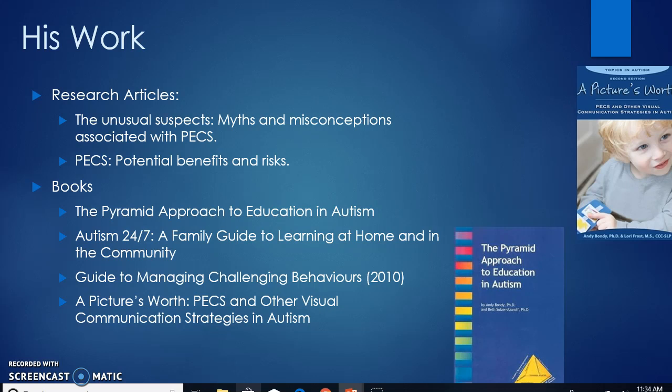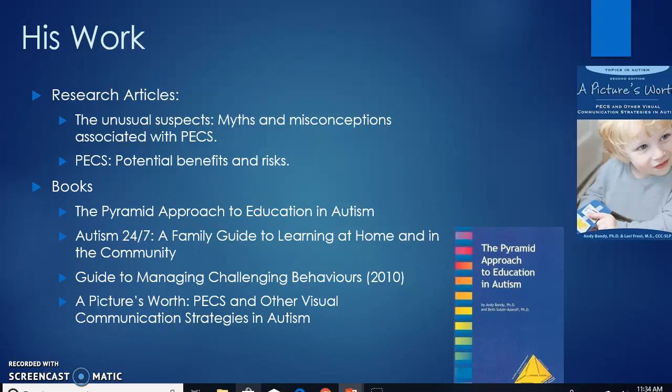Some of the research articles that I talked about in my paper were "The Unusual Suspects: Myths and Misconceptions Associated with PECS" and "Potential Benefits and Risks."